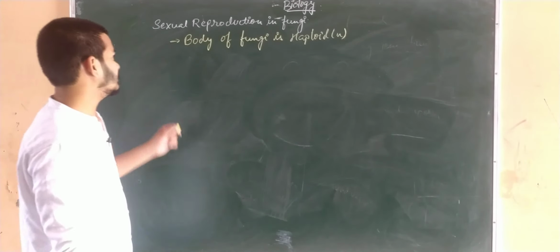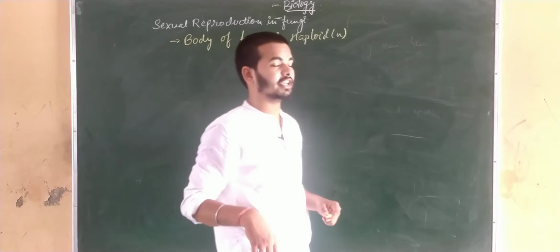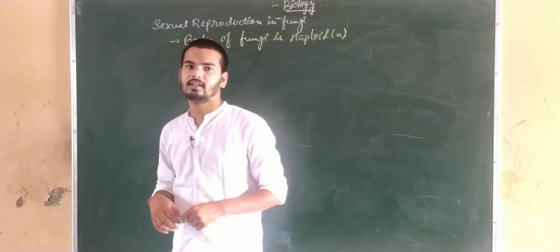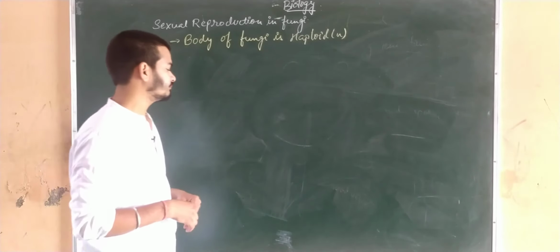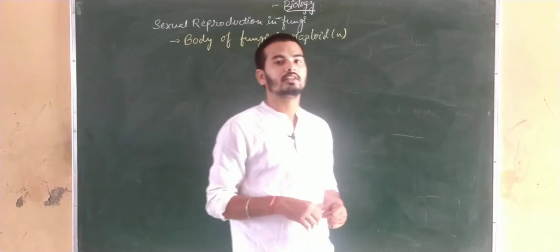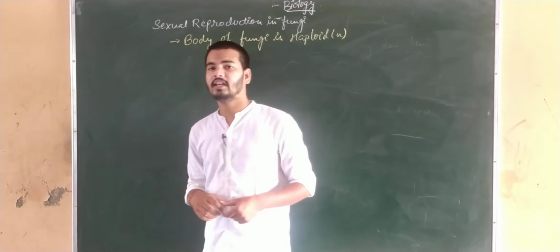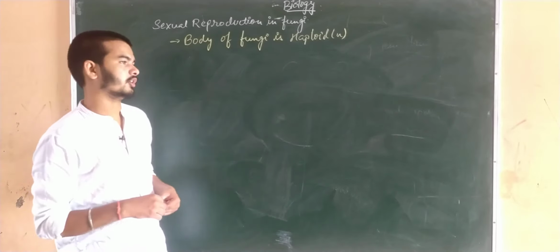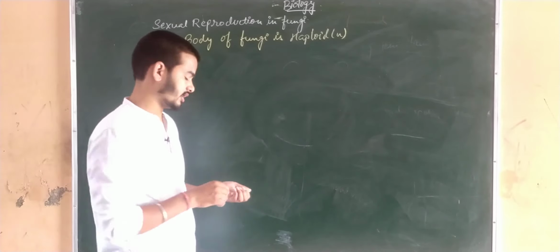When sexual reproduction takes place in fungi, there is the formation of gametes, but there are no sex organs, so the formation of gametes takes place in gametangia.